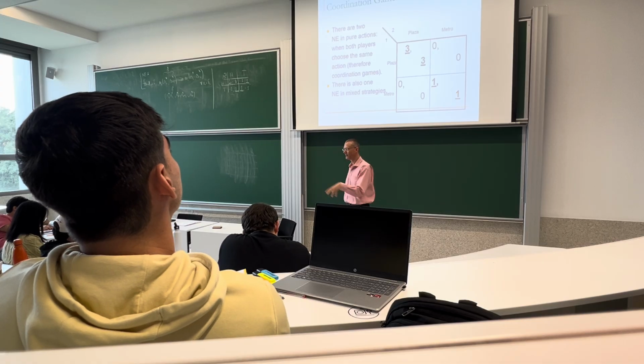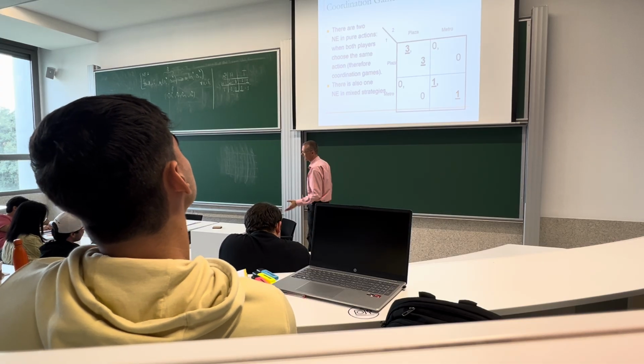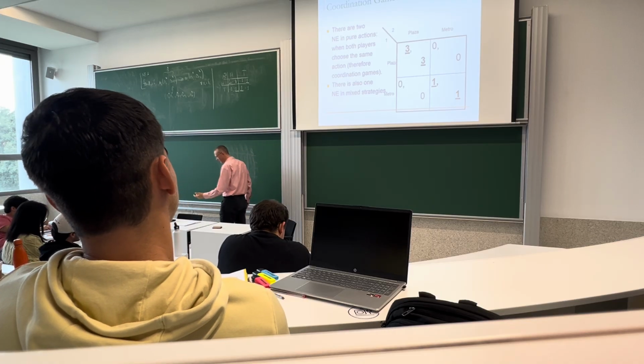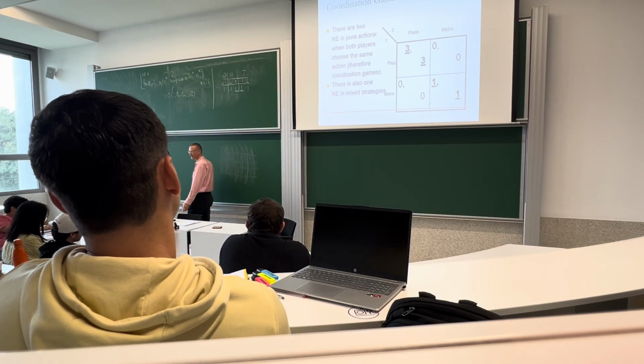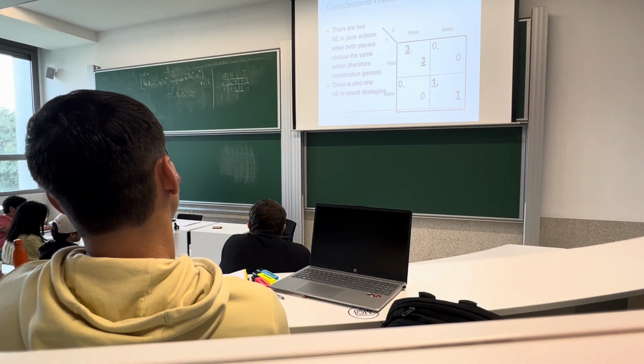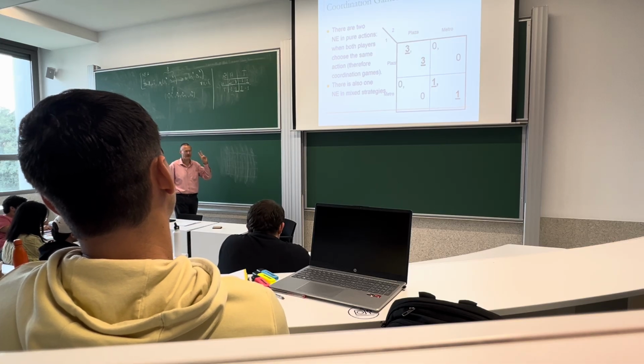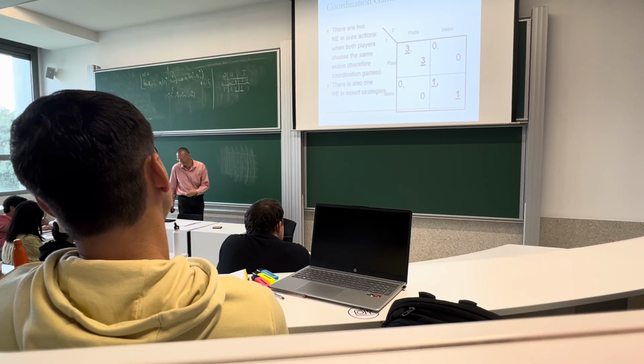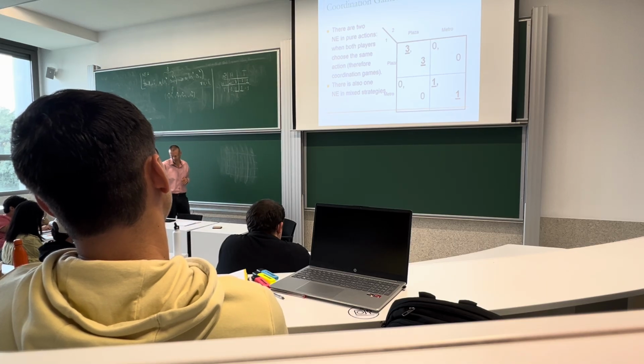You stay either downstairs at the metro, wait for the other guy, and meet or not, or you go upstairs to the plaza. You have to make the decision. But as long as you have not taken the decision yet, you can think about both options in your head. And this is what a mixed strategy is: probabilities, before you take a decision, with which you play each of these two.